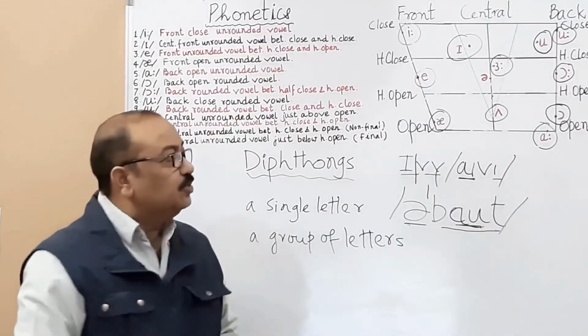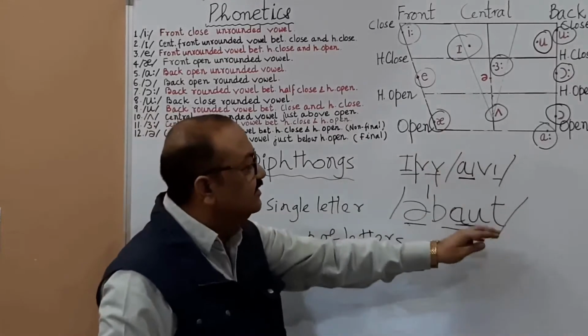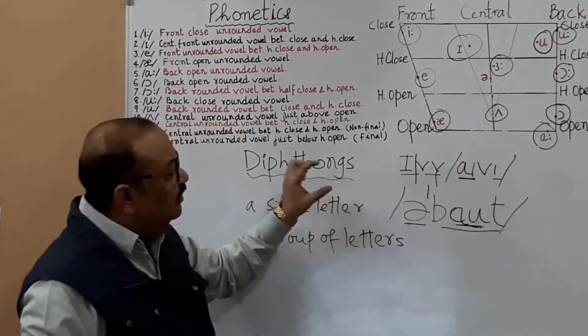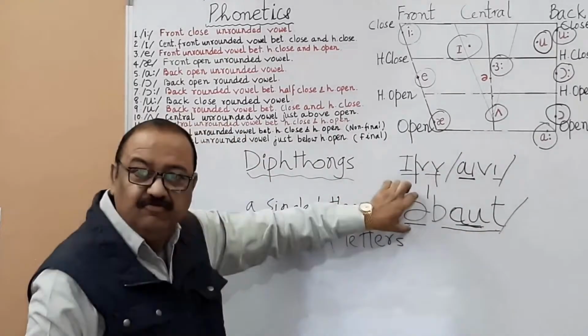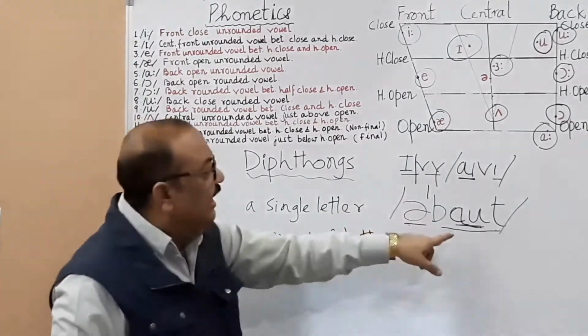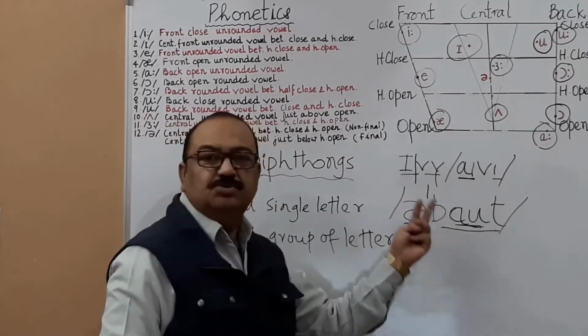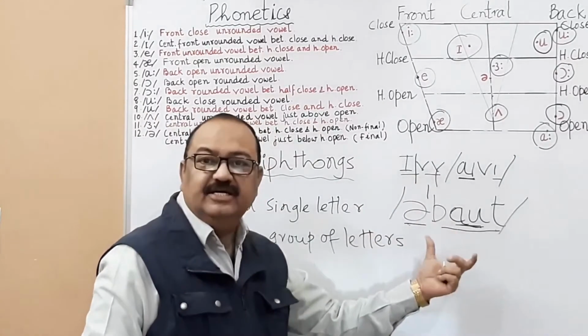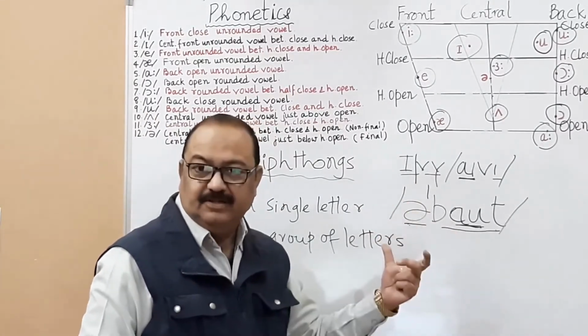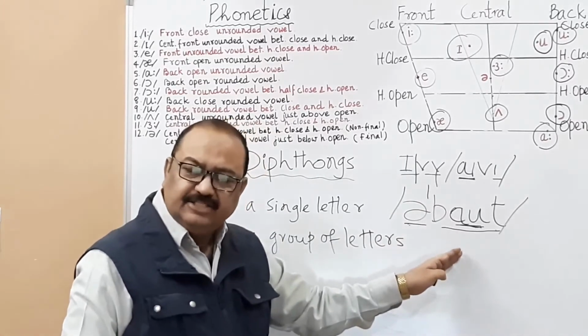Yes, sir. So as far as vowel sounds are concerned, in vowel sounds you have just a single vowel within a syllable, and as far as diphthongs are concerned, you have two vowel sounds within a single syllable. Two vowels. Okay? Just don't be confused.